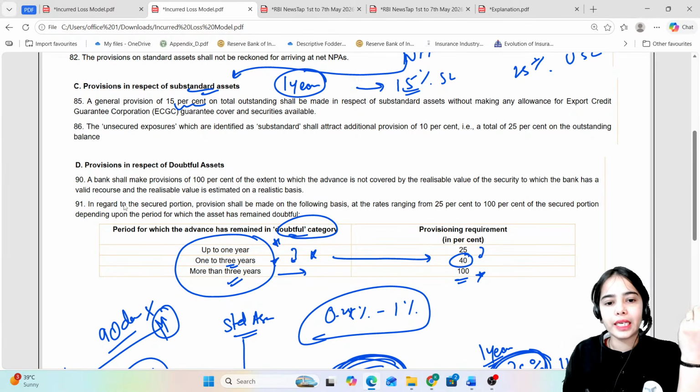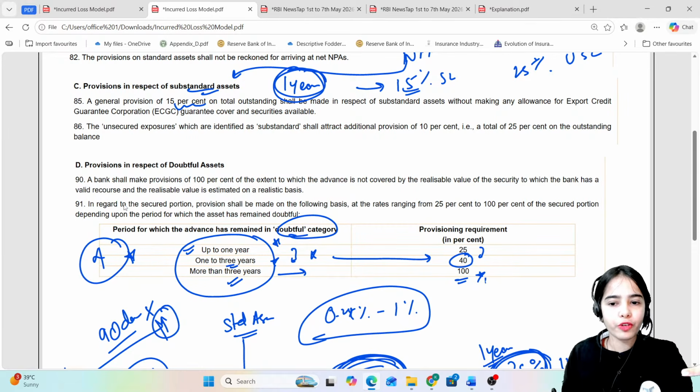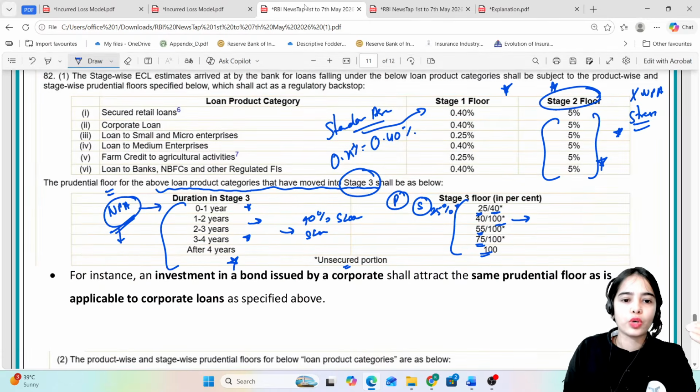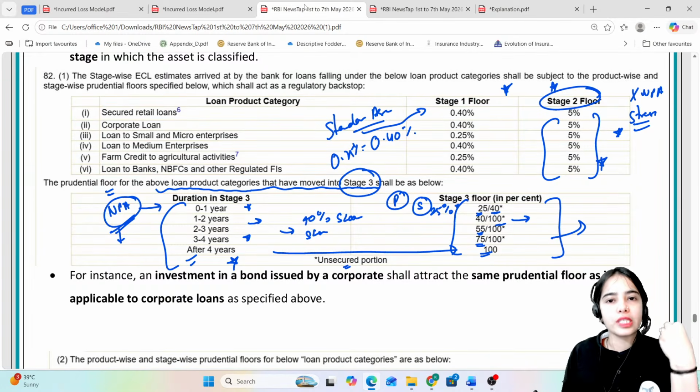time period. Then again, 1 year plus this more than 3 years, that means 4 years. In the same timeline, 100% of provisions had to be maintained. Here also, after 4 years, 100% of provisions have to be maintained. But this process is more systematic.